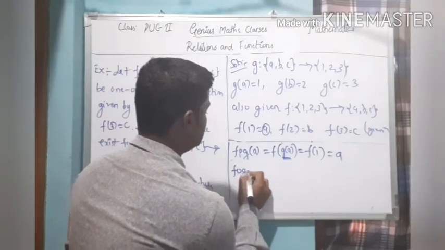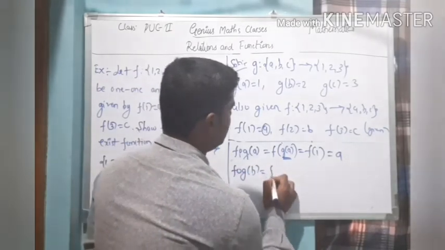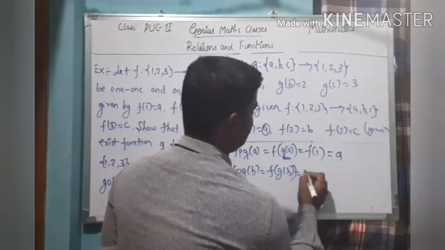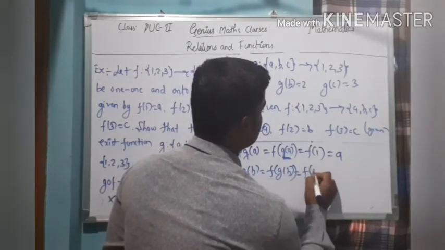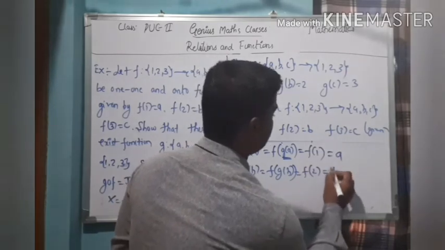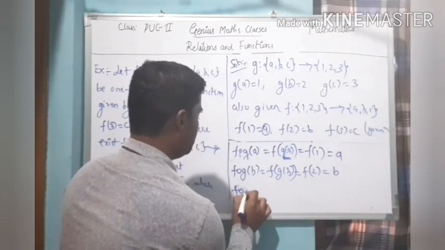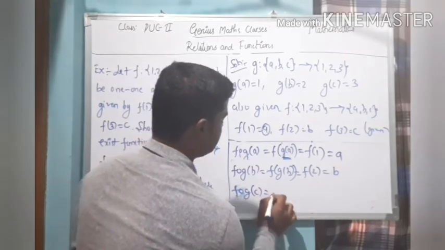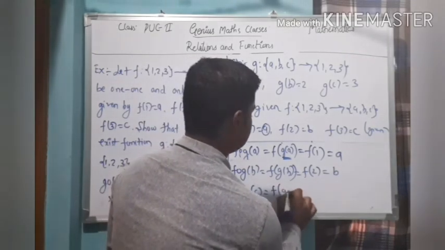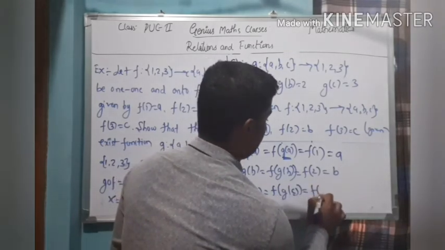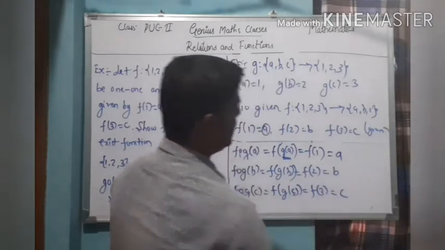Similarly, f naught of g of b is f of g of b. What is f of g of b? g of b's value is 2 and f of 2 value is b. Similarly, f naught g of c is f of 3, and f of 3 value is c.